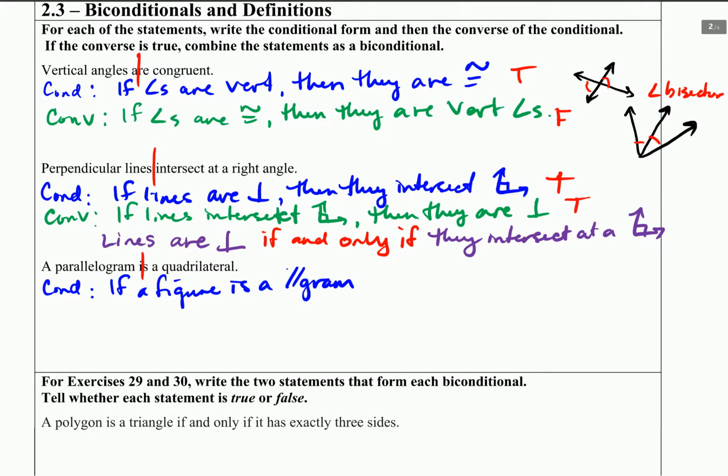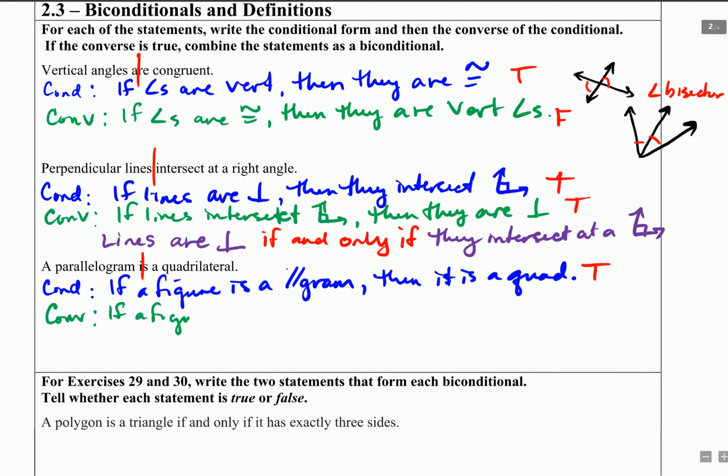We're going to see that a lot in Chapter 3. That's going to be everything to us in Chapter 3. So if a figure is a parallelogram, then it is a quadrilateral. Is that true? Yes, we have talked about this a lot. Parallelograms are quadrilaterals.